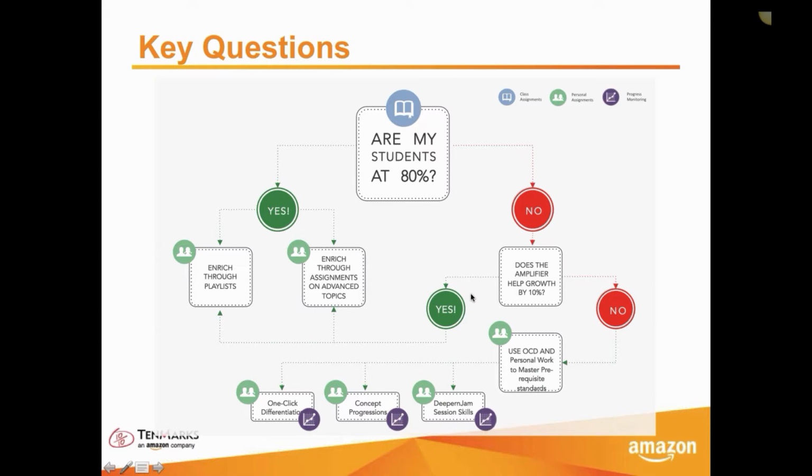The amplifier will kick in at 70% or below, and on a 10-question assignment, that generally would be answering 7 questions or less correctly. And then what we're going to be doing is checking in to see, does that amplifier and do-over loop increase the student's success?